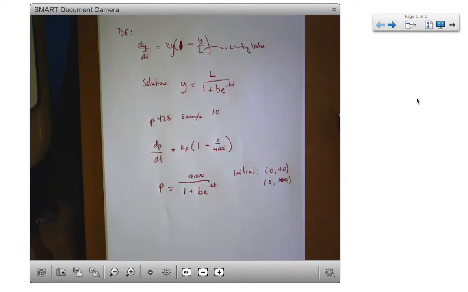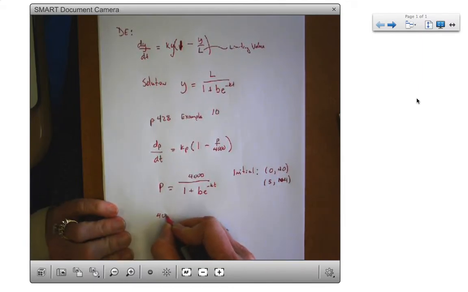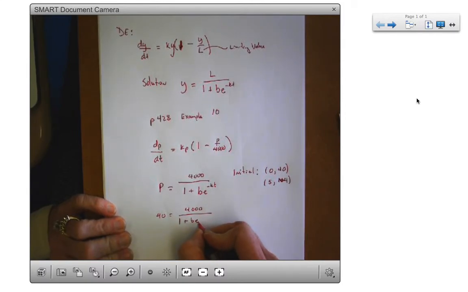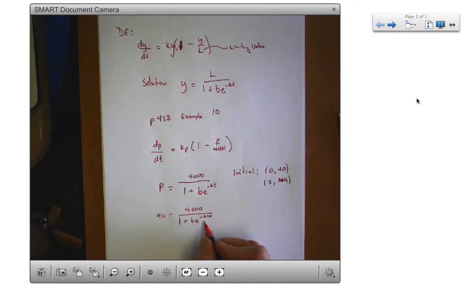So we know that this is our initial value, so let's plug in 40 for the population. And at time 0, e to the 0 power is 1. So nicely all of that becomes 1.